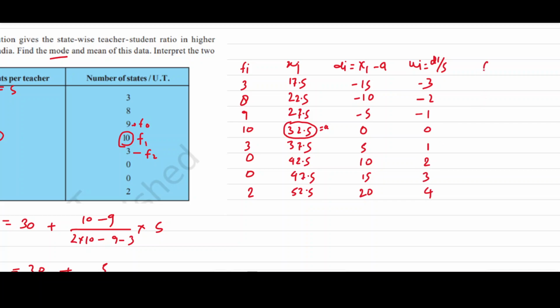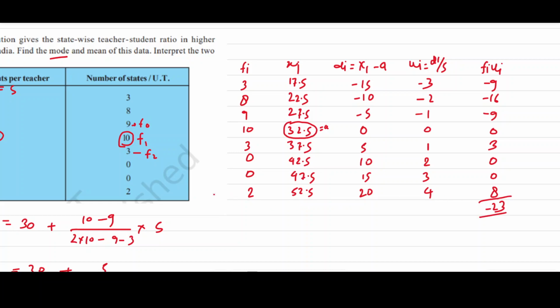Now, what is the value of Fi and Ui? So, this will be minus 9, minus 16, minus 9, 0, 3, 0, 0, 8, minus 23. This is the whole calculation. Now this is the value of sigma Fi Ui after adding.